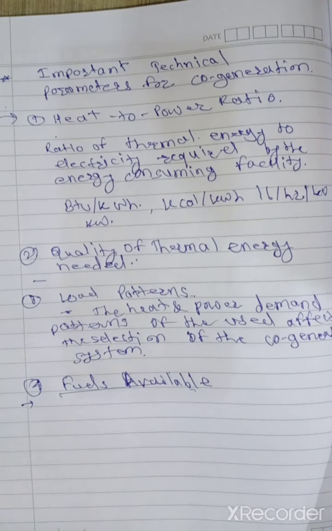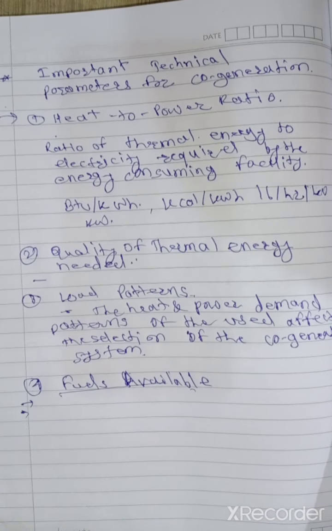The availability of cheap fuel or waste products that can be used as fuels at a site is one of the major factors in the technical consideration for cogeneration, because it determines the competitiveness of the cogeneration system.